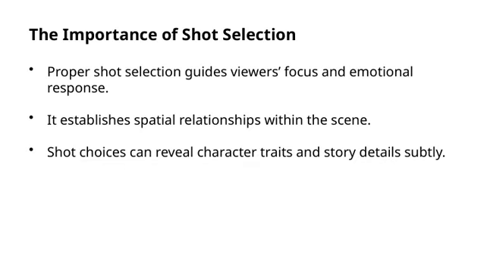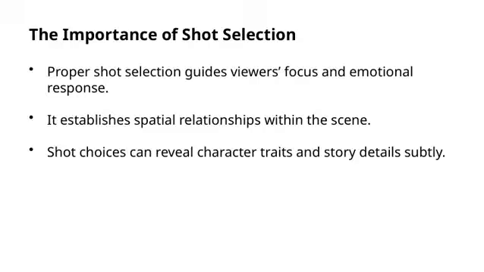Let's talk about the importance of shot selection. Proper shot choices are crucial because they guide the viewer's focus and emotional response. When you pick the right shot, you can direct the audience's attention exactly where you want it, whether it's to a character's expression or a key detail in the scene. Shot selection also helps establish the spatial relationships within a scene. It shows how characters and objects are positioned, creating a sense of space and context that supports the storytelling.